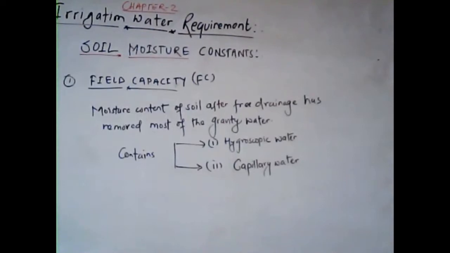Only hygroscopic water and capillary water remain, so this amount of hygroscopic and capillary water shall be assessed in the field capacity. This is the amount of moisture present as capillary and hygroscopic water after the gravitational water has been lost due to the free drainage provided in the field.